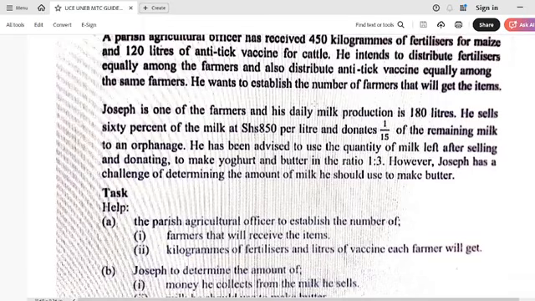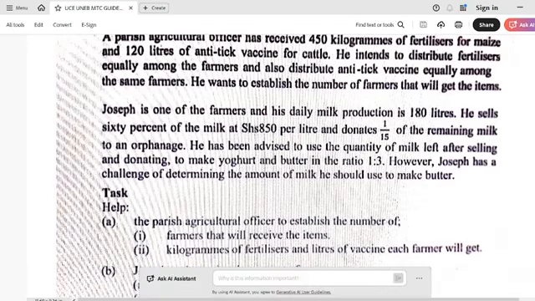Remember, the question says he intends to distribute the fertilizers equally among the farmers and also distribute the antique vaccine equally among the farmers. So that is a direct application of the LCM and the application of the greatest common factor or the highest common factor.